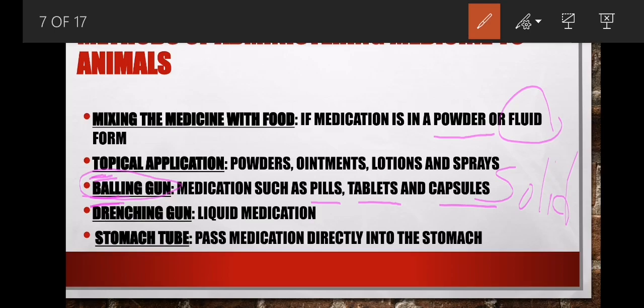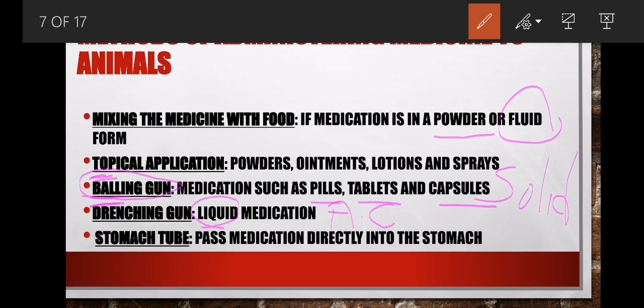Number four, drenching gun. Take note of the type of medication that we use to apply here. It's liquid medication. And when we use the drenching gun to apply liquid medication, this liquid medication will go through the alimentary canal.